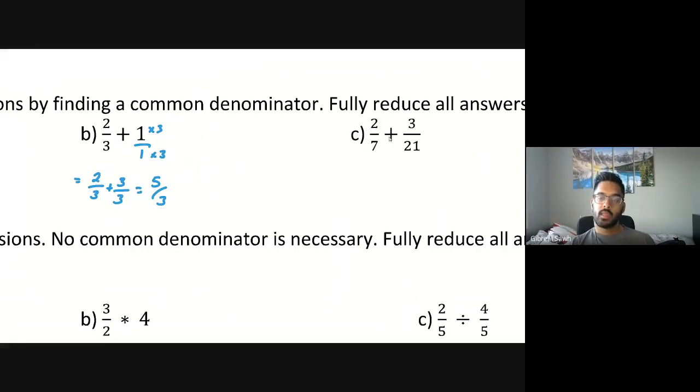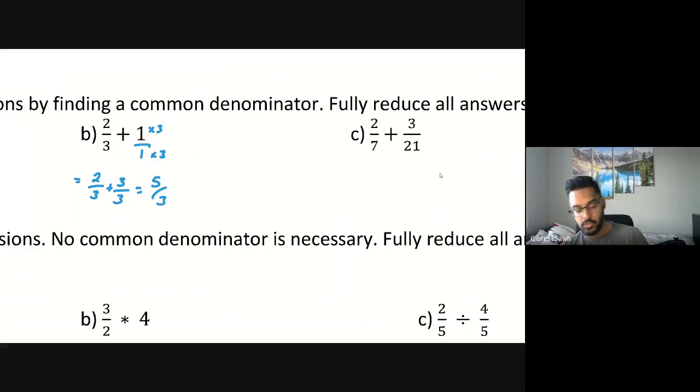For C, there's a couple ways you could approach it. We can choose to change that denominator of 7 into a denominator of 21, or we could divide both the top and bottom of the second fraction by 3 to change it to a denominator of 7. Both totally work. I do have to make sure that I fully reduce my answer.